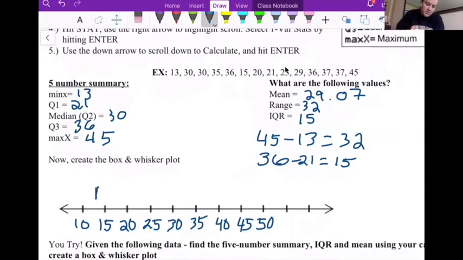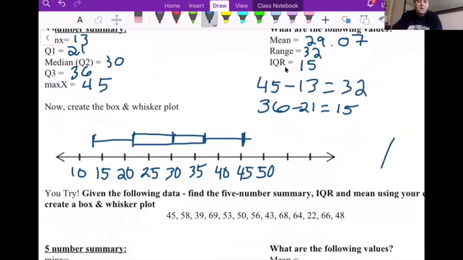Our maximum value is 45. Our Q1 is 21. Our median is 30. And our Q3 is 36. So then we draw our box. Let me draw that a little bit better. And so that is our box and whisker for that data set.